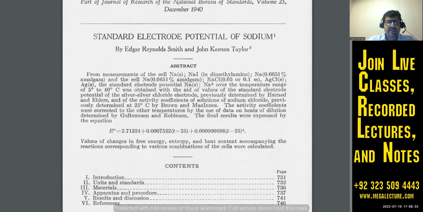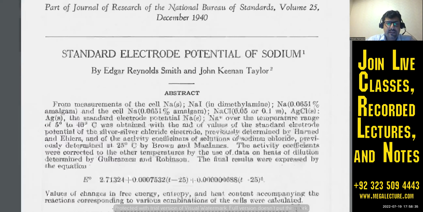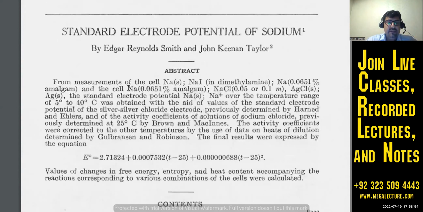So what they do is they actually use very little sodium. For example, over here, from measurements in the cell Na, the standard electrode potential, there's an amalgam of Na which only has 0.0651% of Na.